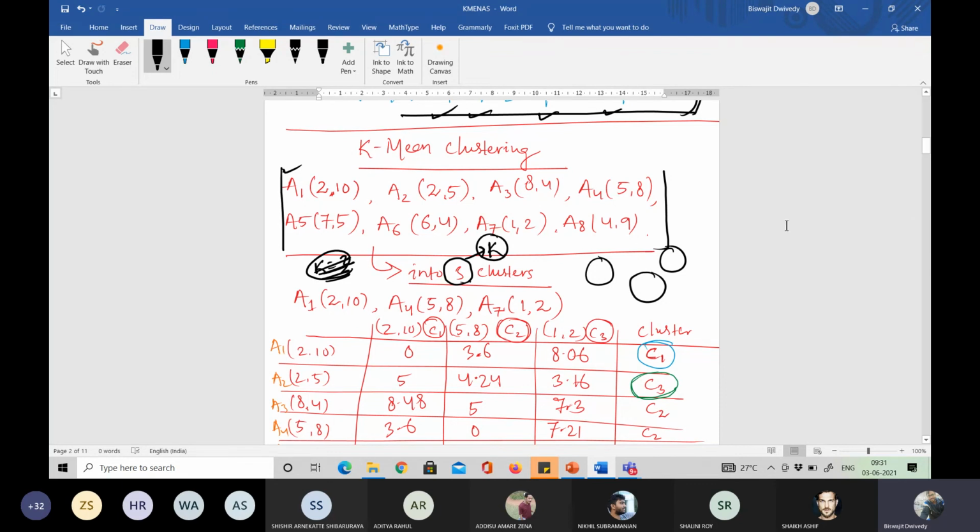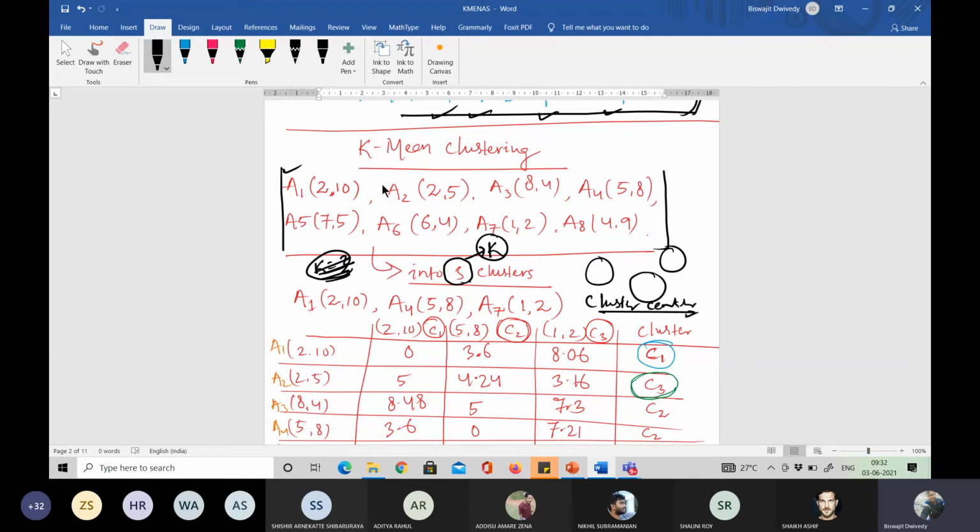Okay, so once your k is decided, the next task is to find out the cluster center. First is to find out your k, second step is to find out your cluster center. Whenever I am trying to find out the cluster center, there is no specific technique available. You can take any 3 points as your cluster centers.